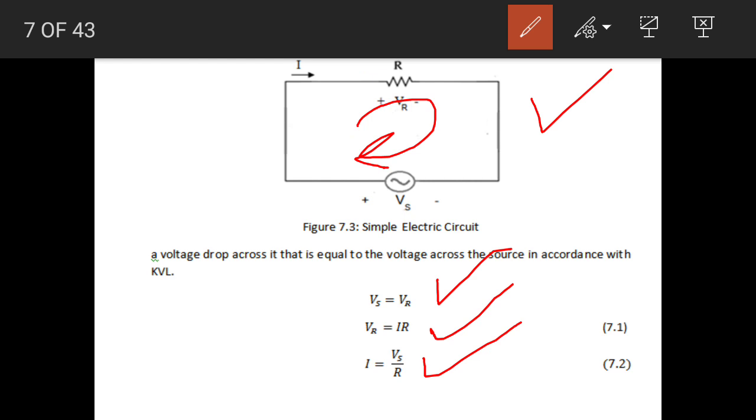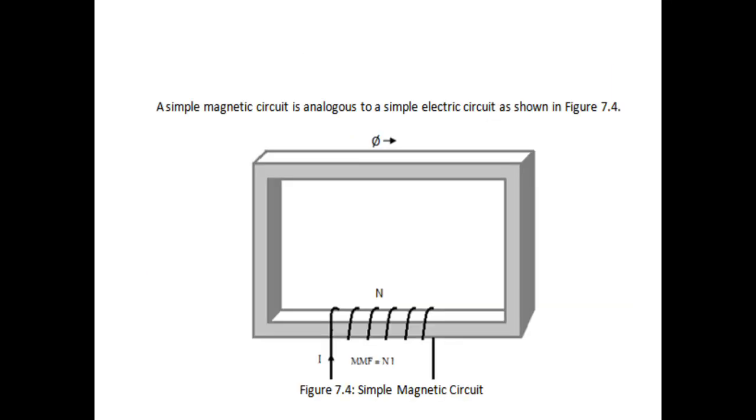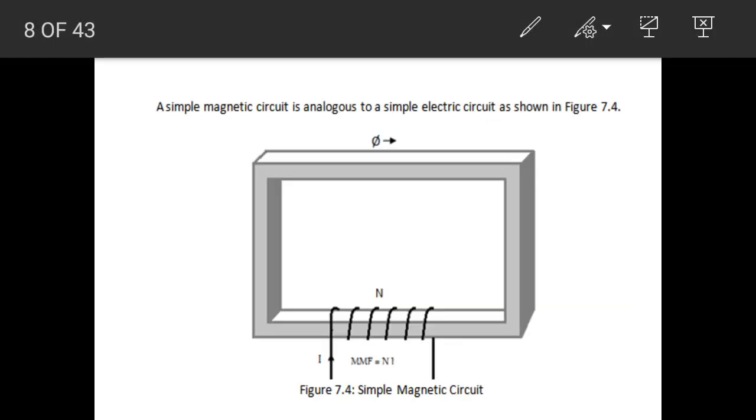So this is a very simple electrical circuit. We know that electrical circuits are analogous to magnetic circuits. So let us consider a simple magnetic circuit now. This is a very simple magnetic circuit.